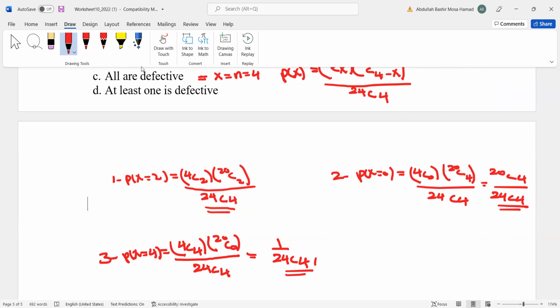So at least one means 1 minus P of 0. 1 minus P of 0, and P of 0 is this one, 20 C 4 over 24 C 4.